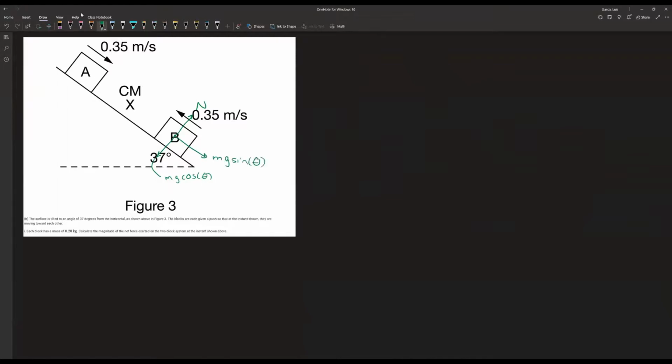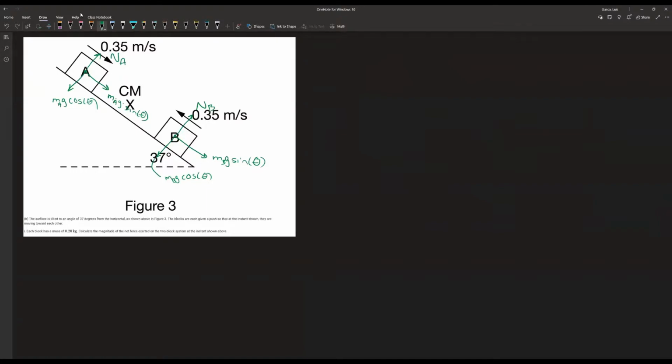So now in this scenario, they both have normal forces. They both have components of their weights that act into the ramp, mA g cosine theta, B, mB g, there we go. And they have a component acting down the ramp, mA g sine of theta. And sorry, this looks cluttered.